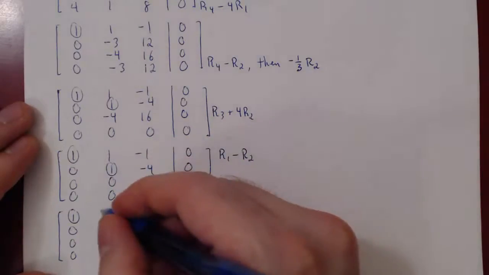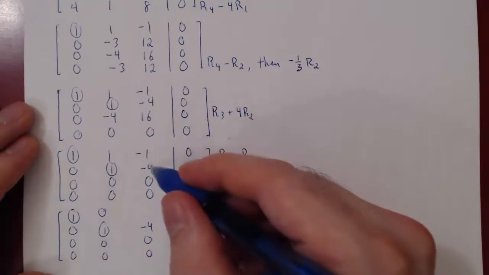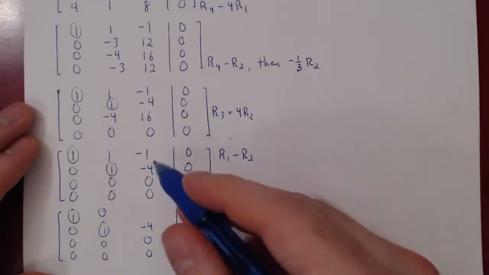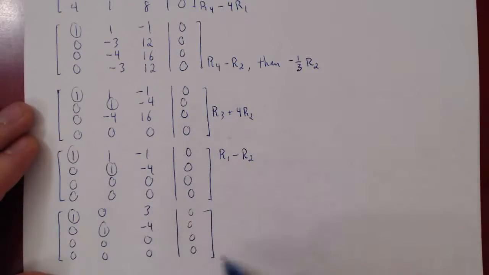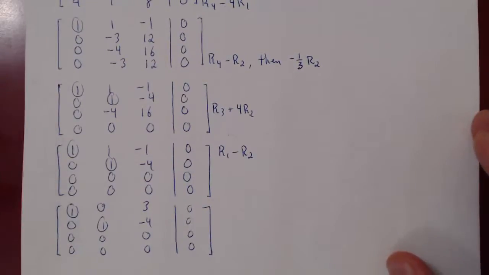So 1 minus 1, 0. Negative 1, negative 4. Negative, negative 4 will be plus 4, so therefore positive 3. And now we have the reduced row echelon form of our system.